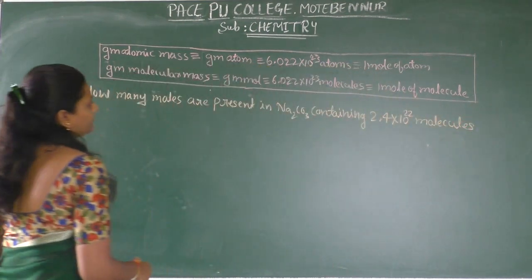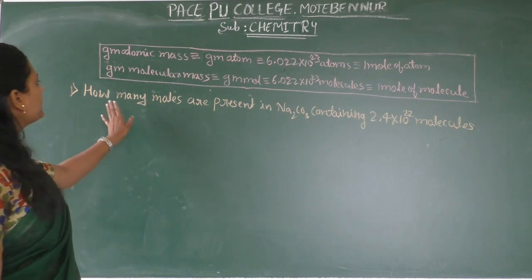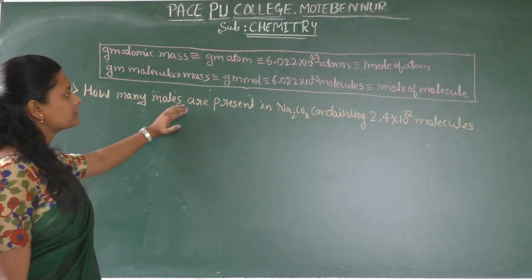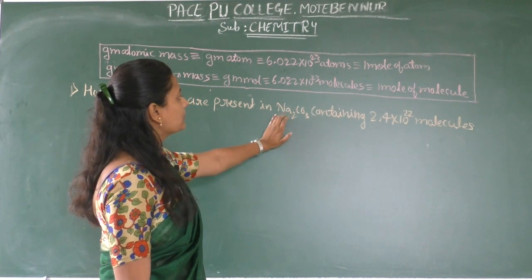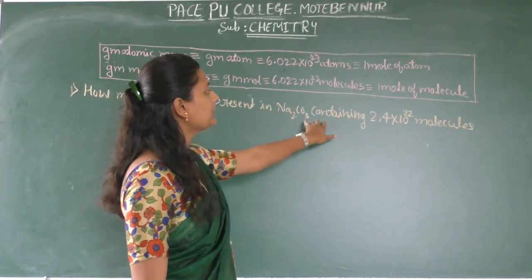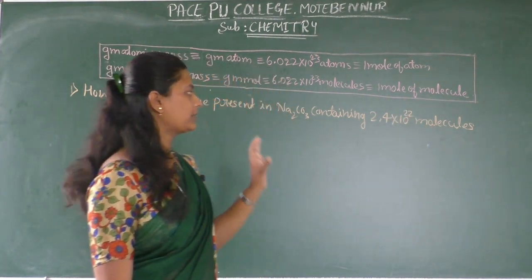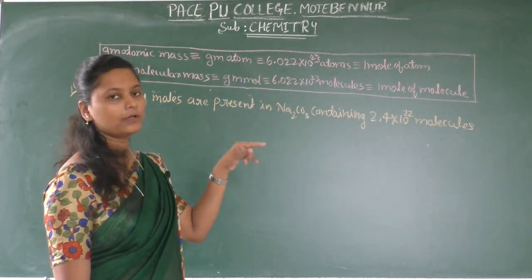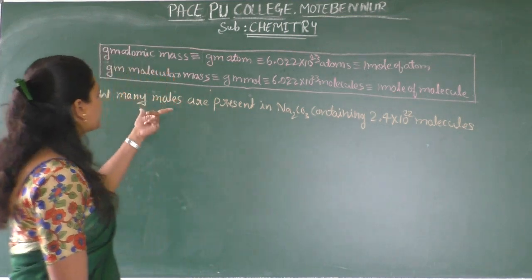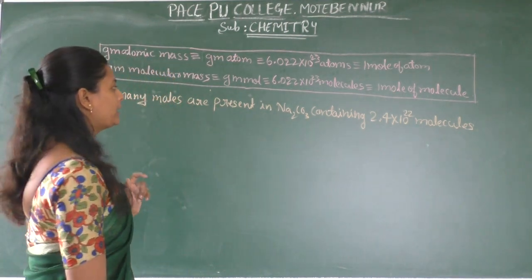Okay, so here we have to find out how many moles are present in the sodium carbonate containing 2.4 into 10 raised to 22 molecules. Okay, so in 2.4 into 10 raised to 22 molecules, we have to calculate how many moles are present.